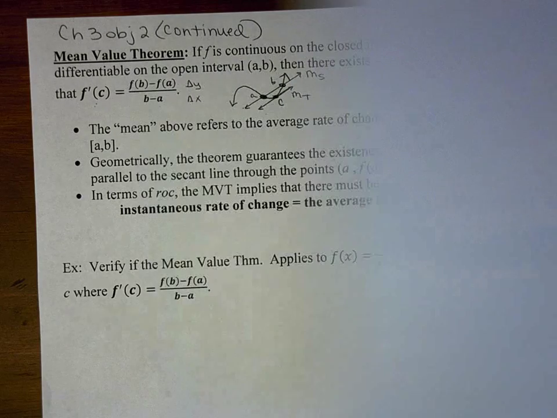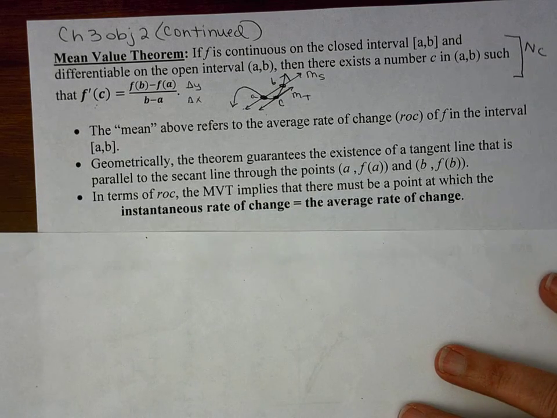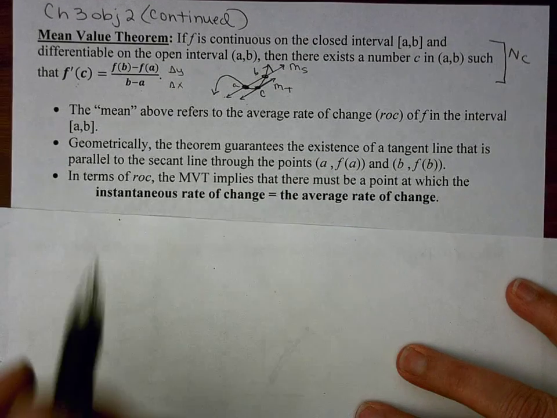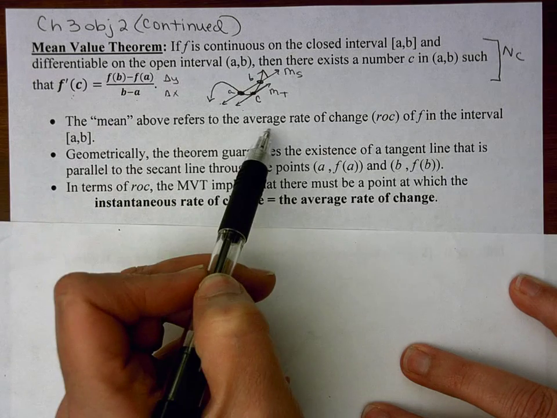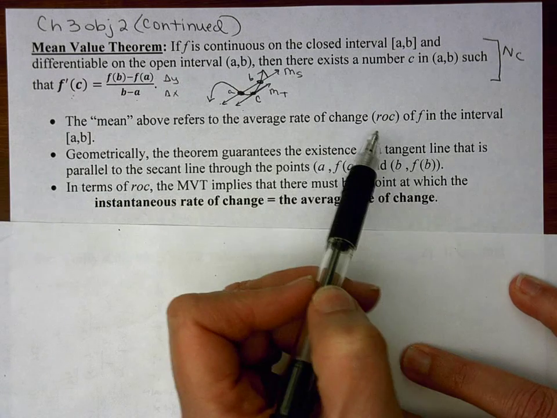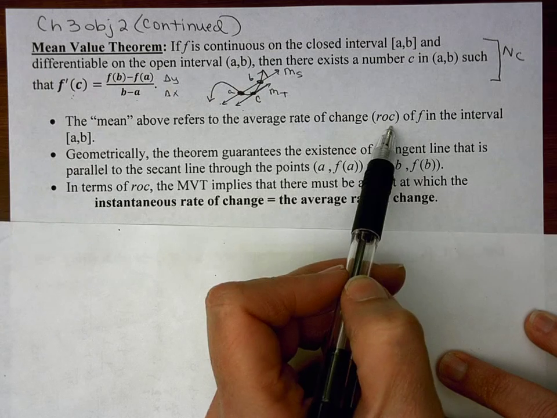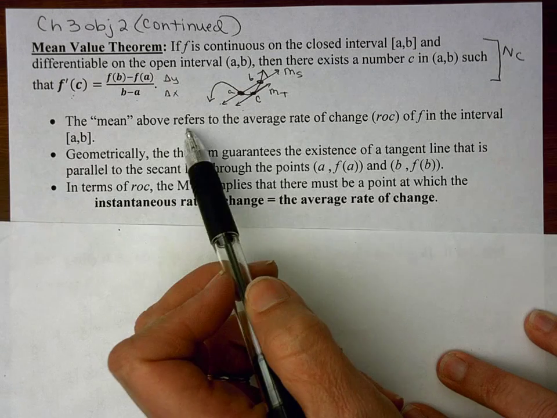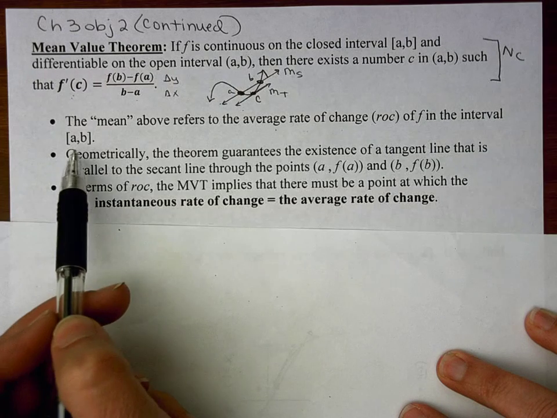Okay, so this next portion you don't need to write down, it's just something for us to talk about. When we talk about the mean, from the Mean Value Theorem, it refers to the average rate of change, and we use rate of change often, so we're going to abbreviate that as ROC. So the mean above refers to the average rate of change of f in the interval from a to b.